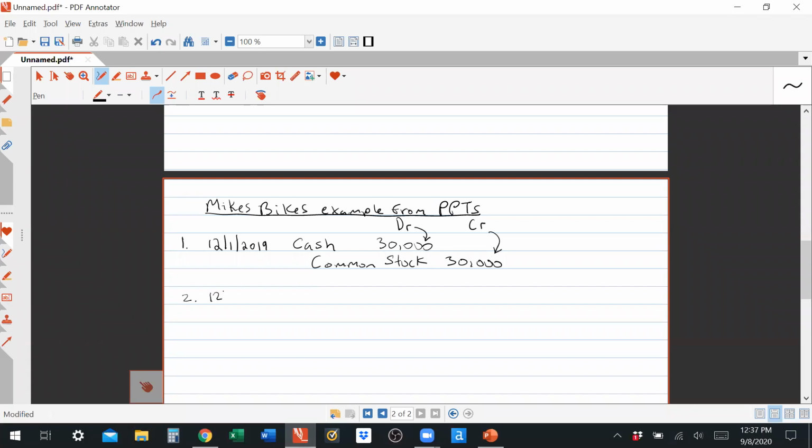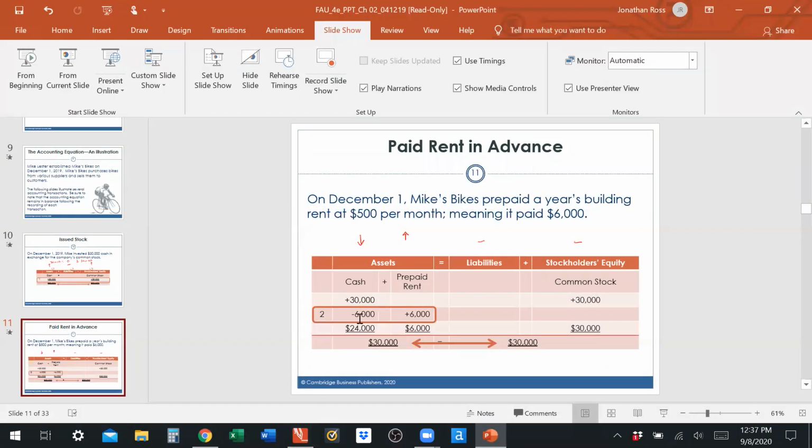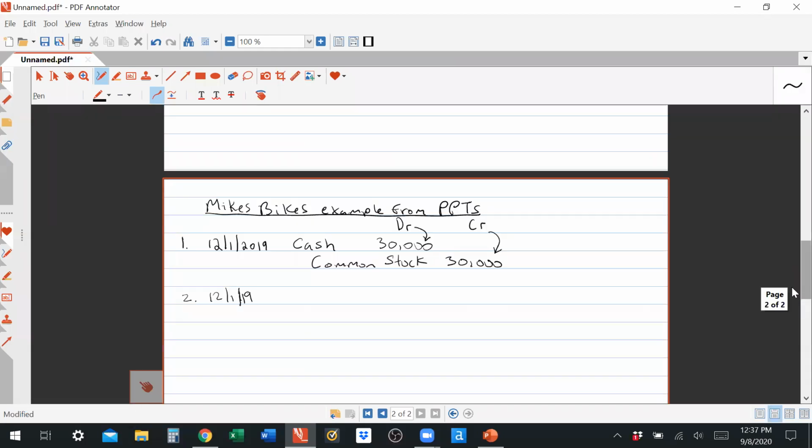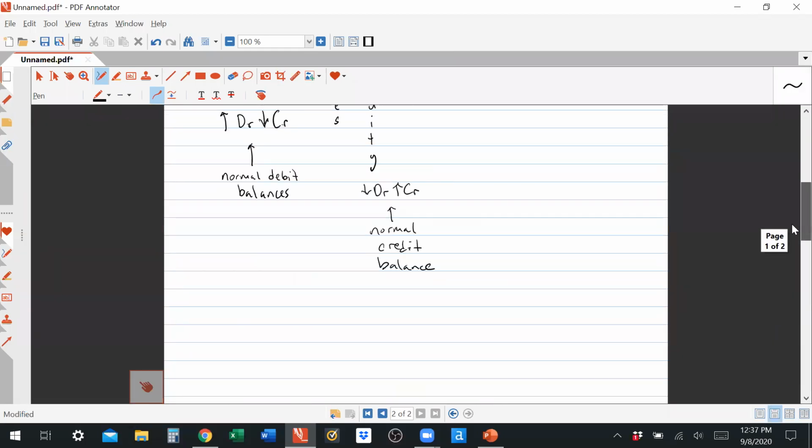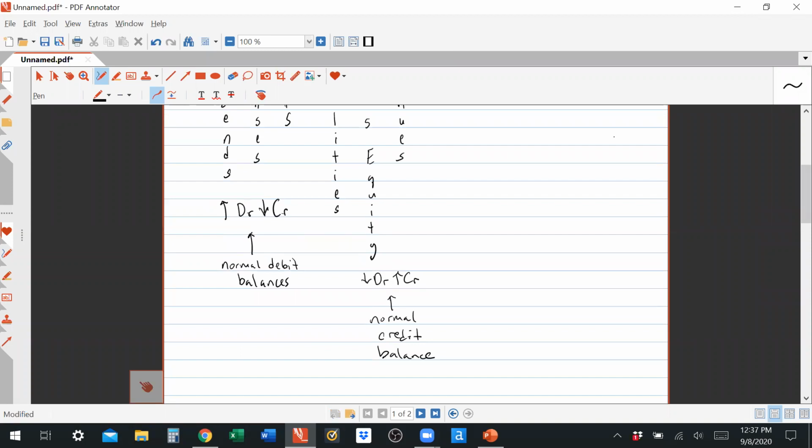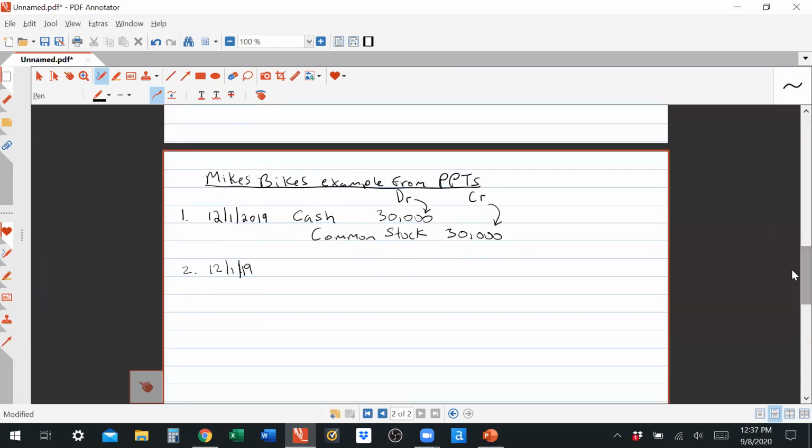So cash went down by 6,000. Prepaid rent went up by 6,000, and they're both assets. So how do we make an asset go up? We debit it. And prepaid rent was the asset that went up. So we're going to put prepaid rent as the debit. And cash as the credit.